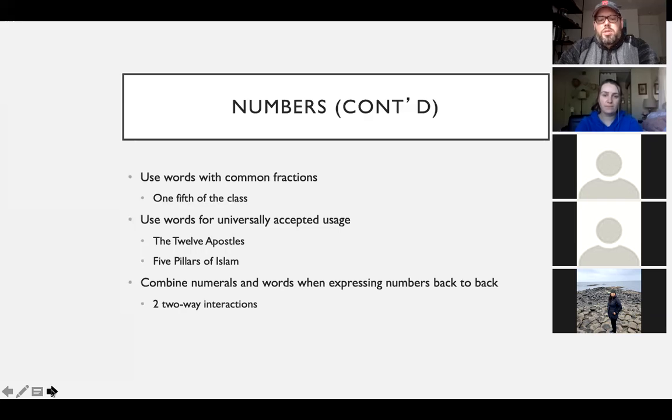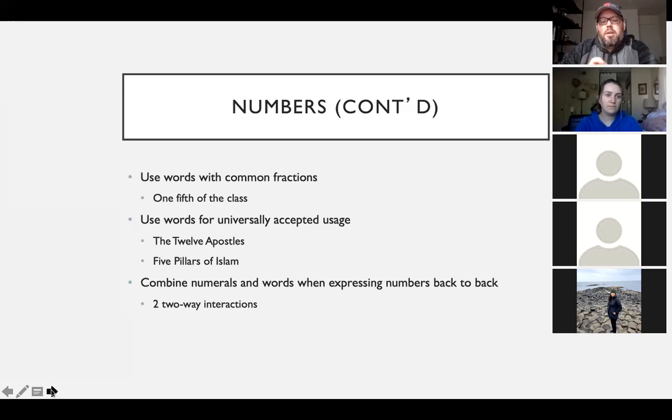You would use words with common fractions though, so one-fifth of the class would be written out. You would use words for universally accepted usage. So oftentimes, like an example here, the Twelve Apostles or the Five Pillars of Islam, those are written out as words.